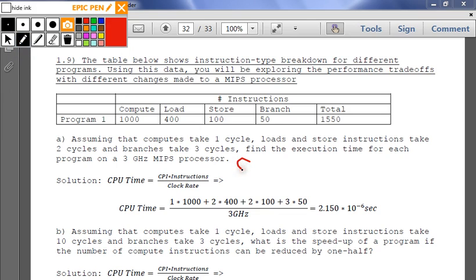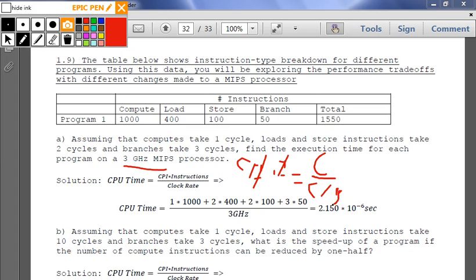so I have CPI, right? And I multiply times instructions, those are going to cancel out, right? I'm going to write this a little slower so that it actually writes. So now we have cycles, right? And if I divide this by 3 gigahertz, this becomes cycles per second, right?